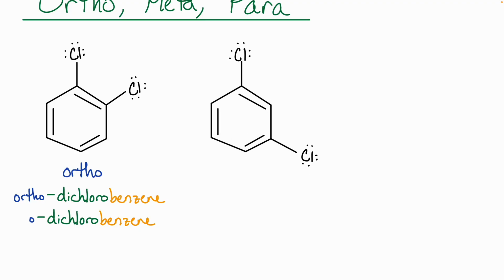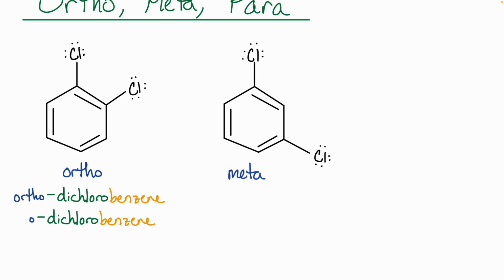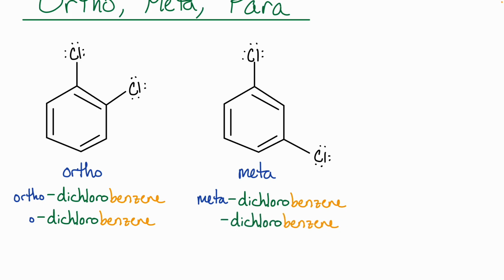If they've got this one carbon in between them, this is our meta isomer. So the correct name of this molecule would be meta-dichlorobenzene, or just simply m-dichlorobenzene.